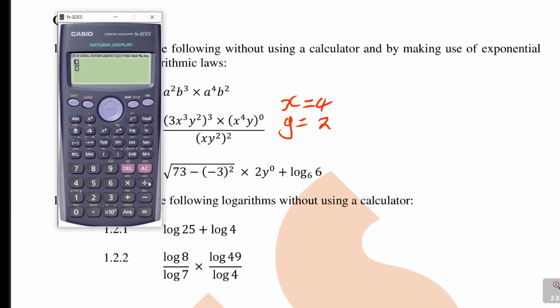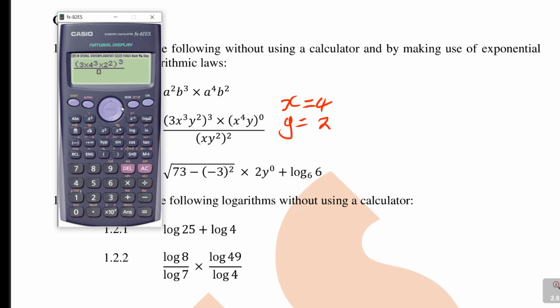So fraction first, then I've got a bracket, and then it's 3 times x, which is 4 to the power of 3. You see what I'm doing there? Times y, which is 2 to the power of 2. And then I close that bracket, and I've got to the power of 3 outside.